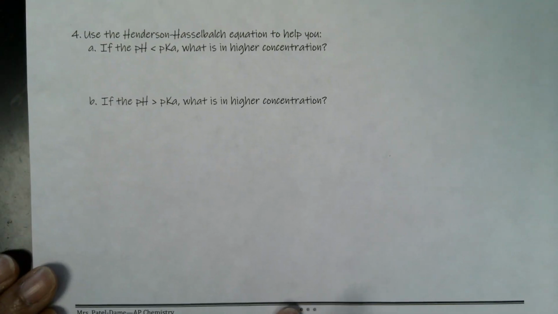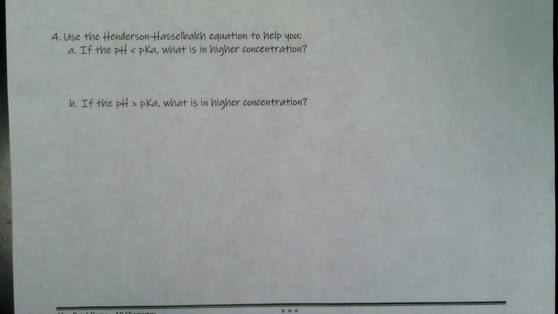Cool. So if we take a look down here, we're going to use the Henderson-Hasselbalch equation to help us figure out what happens between the pH and the pKa of our acid and our weak conjugate base.